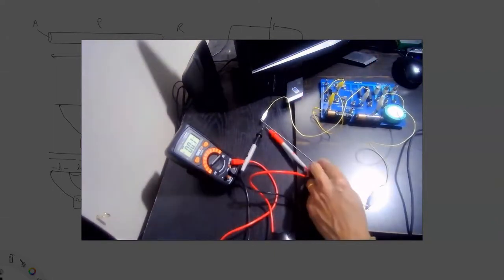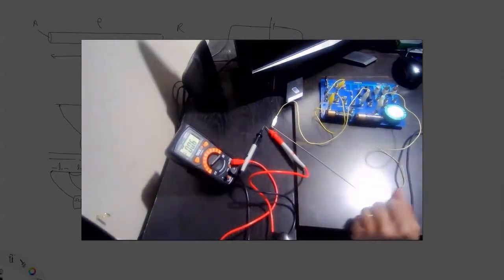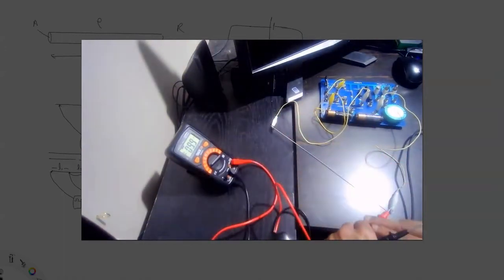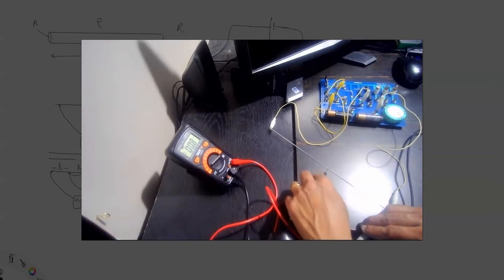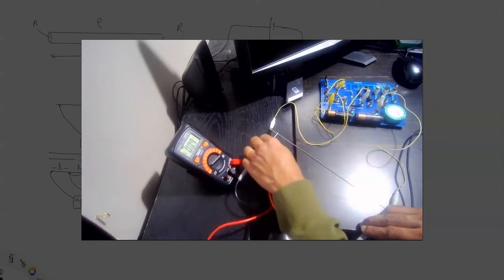Now I have the circuit. Now we turn it on. We can measure the voltage at different points. There's one here, one here. I see a couple of millivolts. I can drag it along the length of this. I see that changing.